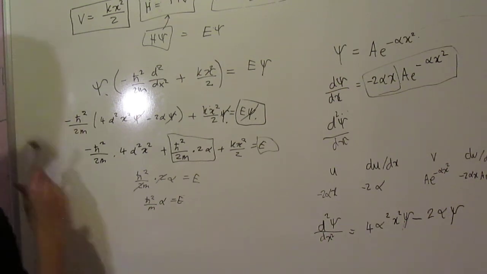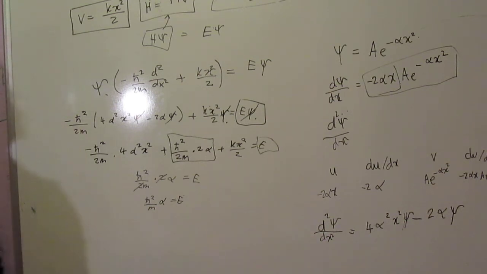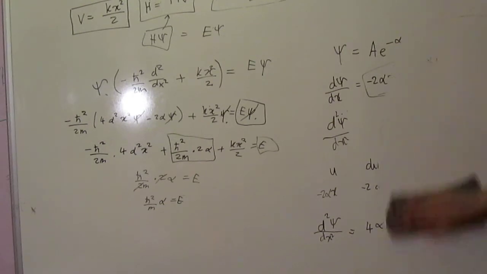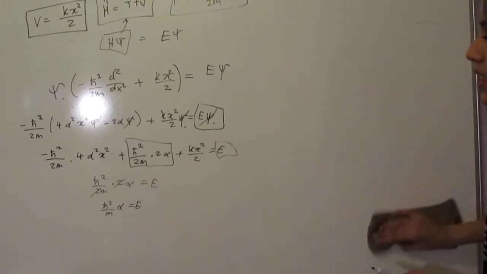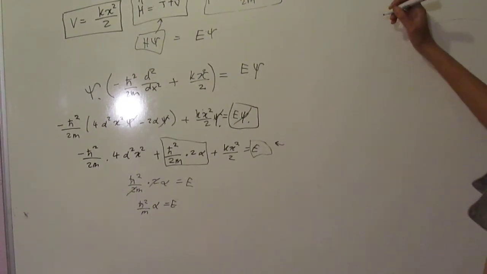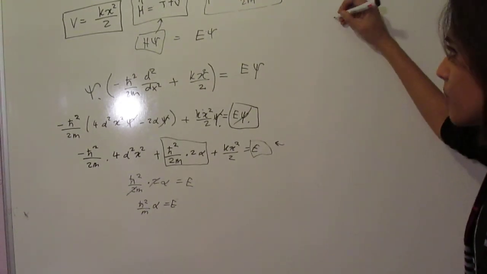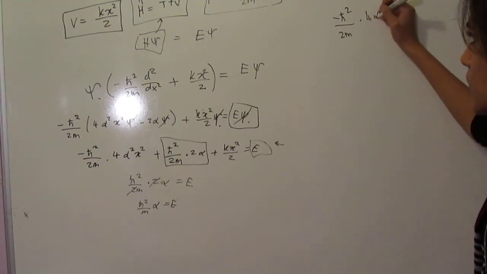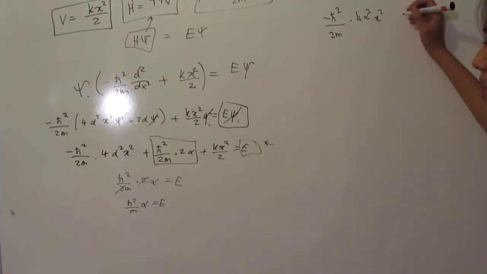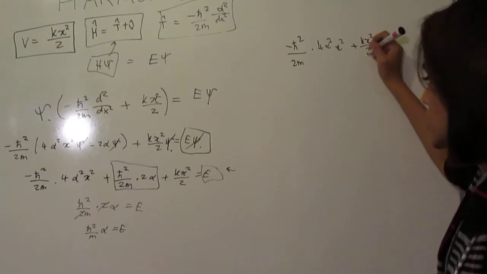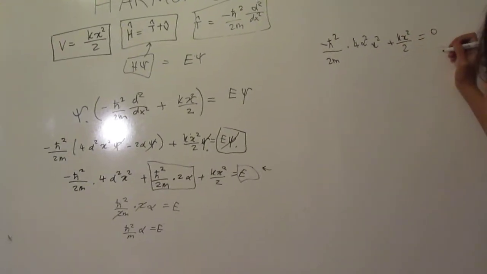So the other sides of this equation are equal to 0, so we have minus h bar squared over 2m times 4 alpha squared x squared plus k x squared over 2 equals 0.